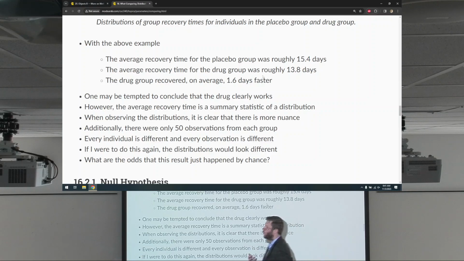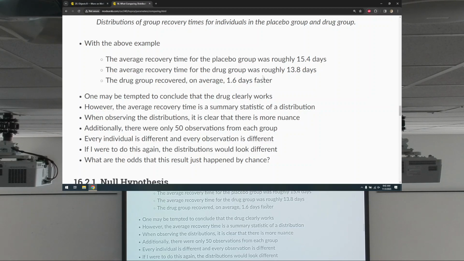So really what I want to know is, listen carefully. What are the odds that this just happened by chance? What are the odds that the drug group recovered 1.6 days faster on average by chance? What are the odds of that, okay?